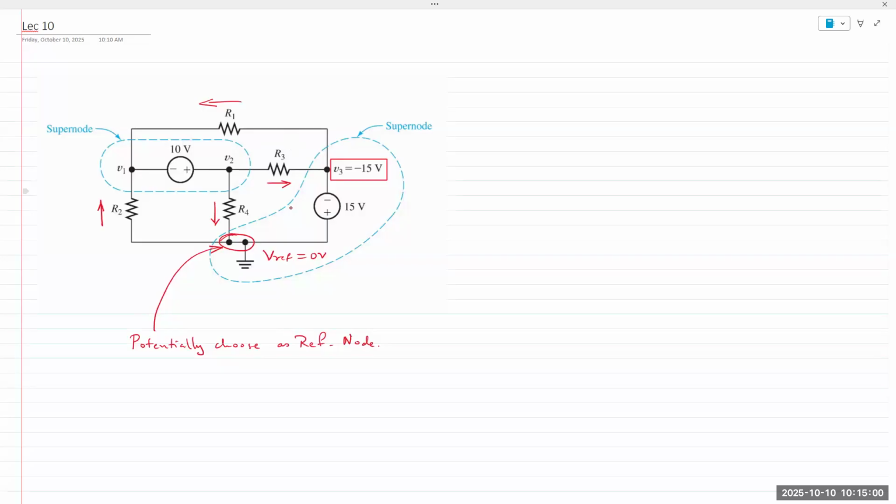Just some random assumptions based on those voltage sources. And then let's note the current flowing through the 10 volt source as IS. Okay, IS. All right. So far, yes.